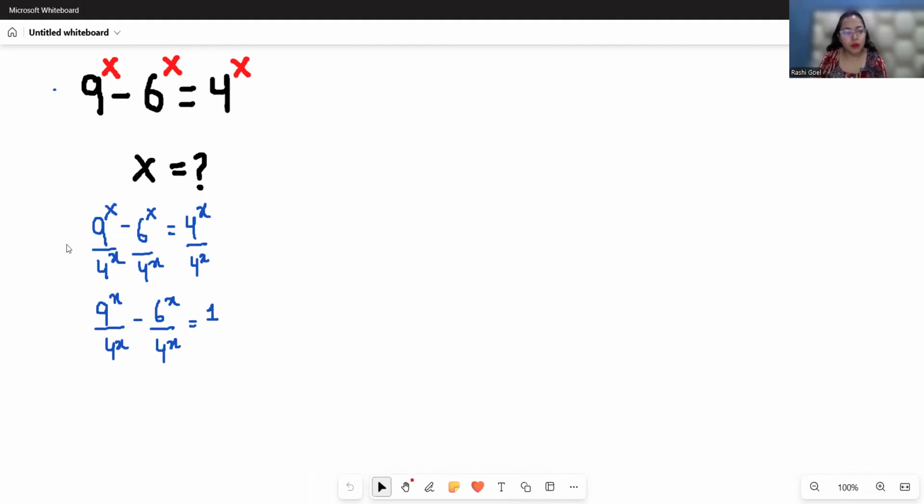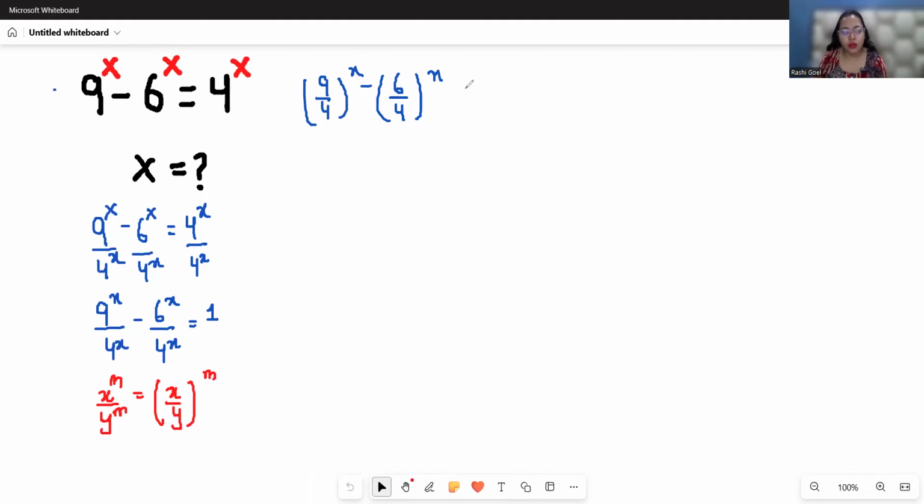As per the exponent rule, x^m/y^m, we can write it as (x/y)^m. So we can write (9/4)^x - (6/4)^x = 1. Now 9 I can write as 3 squared and 4 as 2 squared, whole power x.